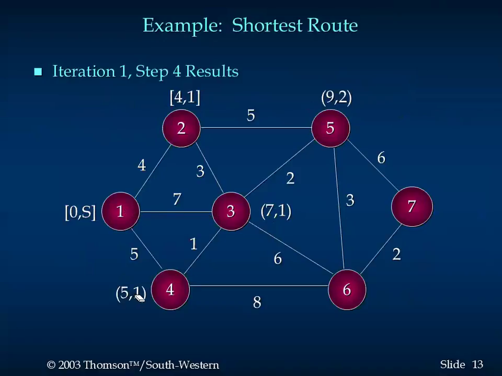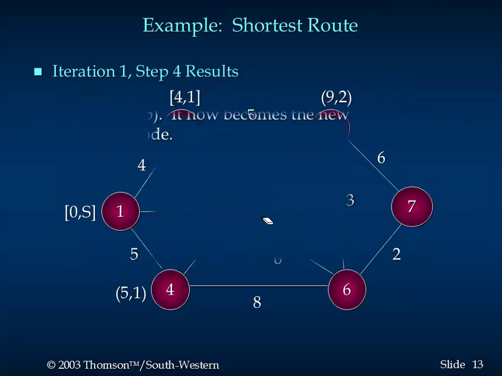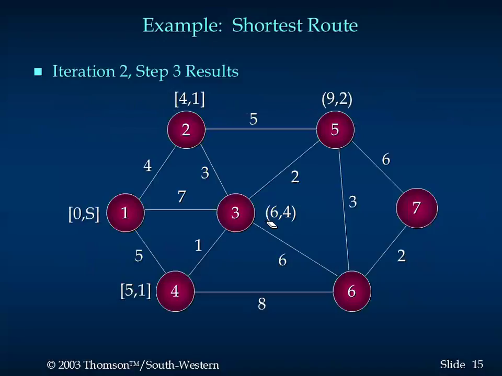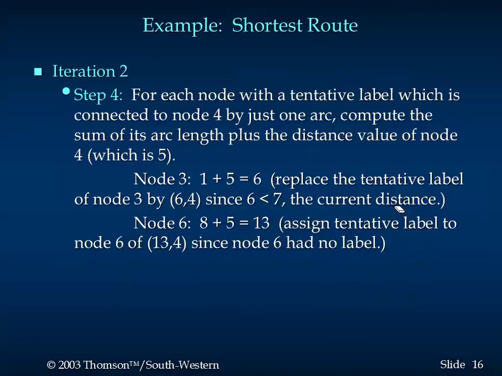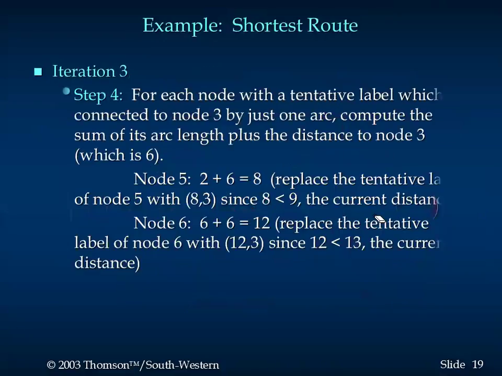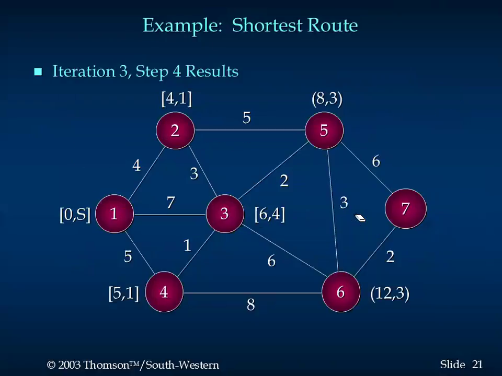But now 5 plus 1 becomes 6, which is less than that. We update it with the new shorter distance, which is 5 plus 1, 6. And which one is the preceding node? To get this 6, we have to come from 4. And that's why that changes each time. Okay, anyway, we'll later on see there's a better way.